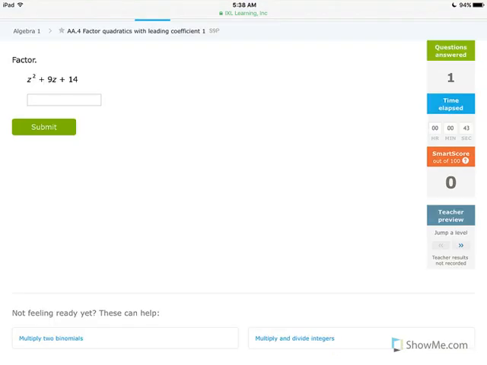And here's another one. So we need two things that multiply together to make the original statement. So we need a z and a z to make z squared. And then we need two numbers that multiply to be 14 but add up to be 9. So 2 and 7 will make the 14.